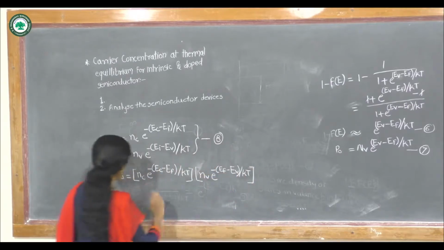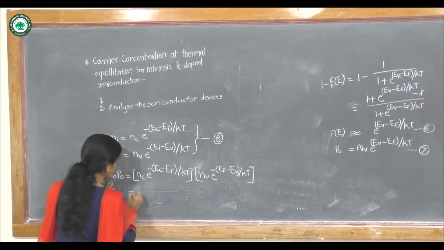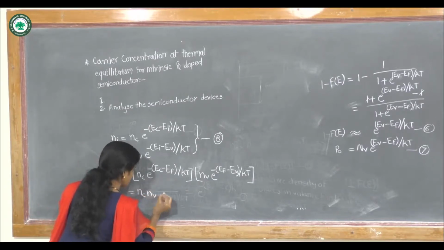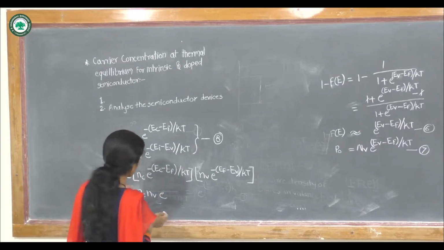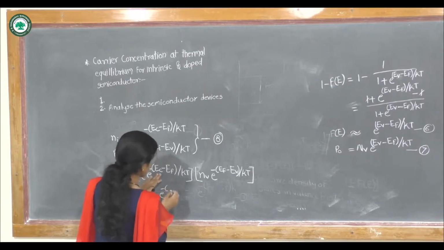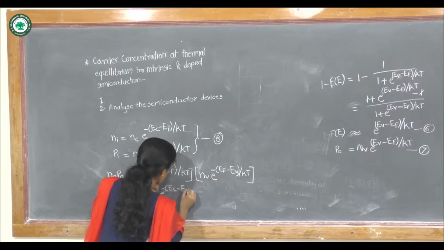So this n0 p0 is equal to Nc Nv into e raised to minus (Ec minus Ev) upon kT.